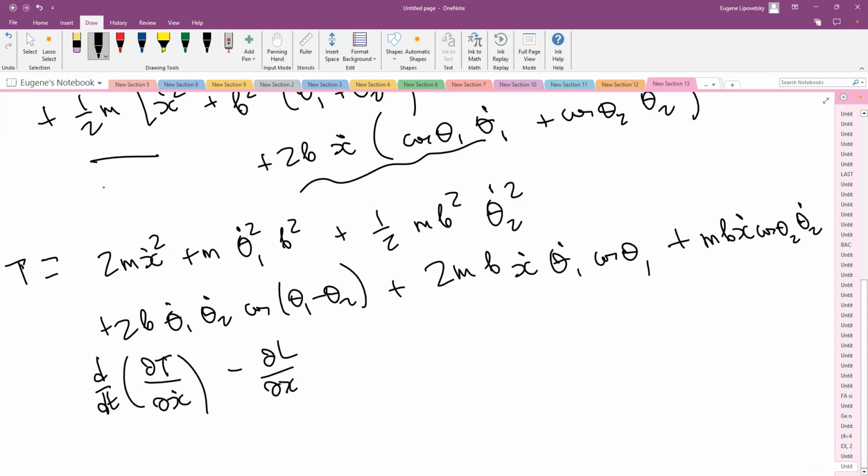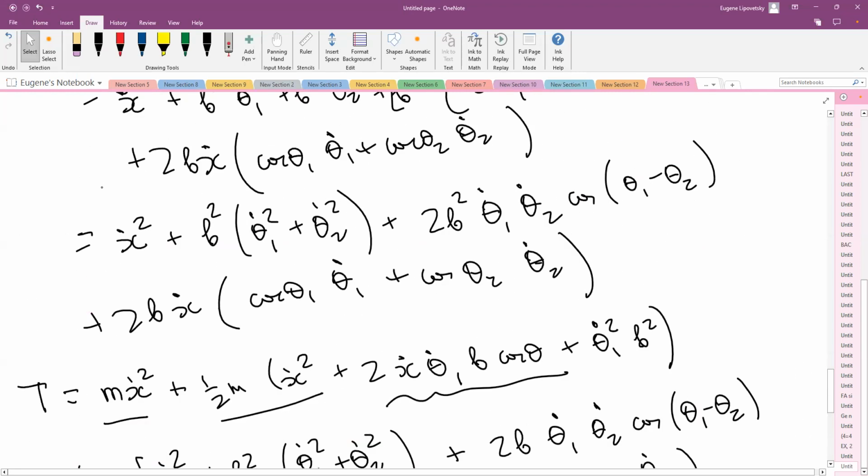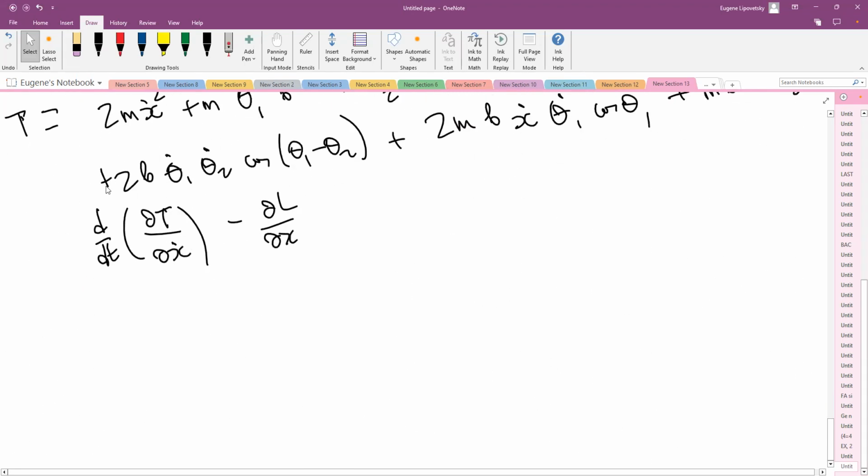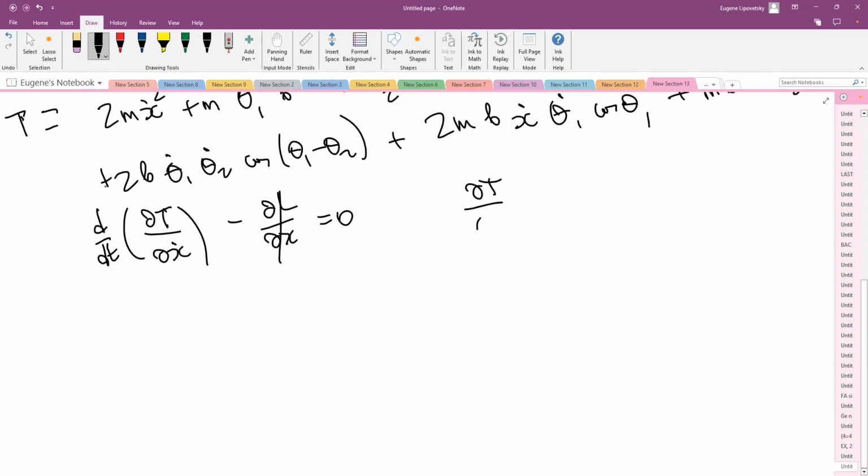But dL over dx equals, let's see, dL over dx. Yeah, dL over dx is 0, right? Equals 0. So here the dT over dx dot is constant, right? That's one of the things.